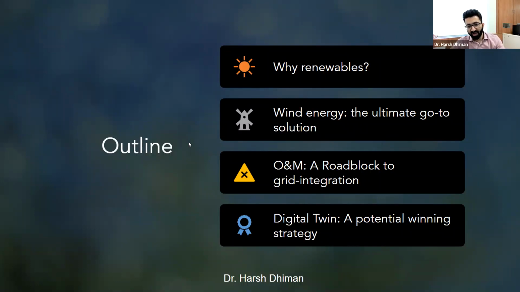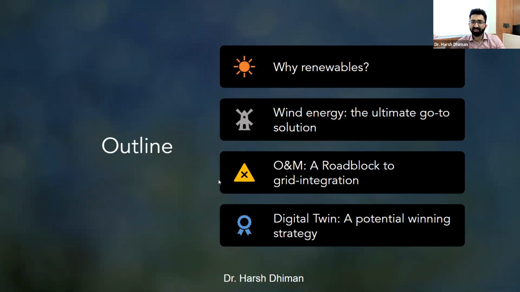So in terms of power delivery to the grid, what are the major roadblocks? What can lead to minor or major failure when it comes to grid integration from wind energy? Basically, we'll be discussing the operation and maintenance roadblocks that can happen with grid integration. Then, to overcome these roadblocks, how we can use digital twin.